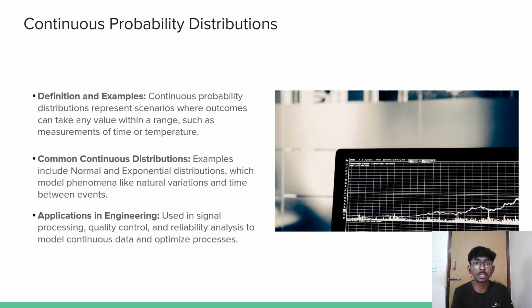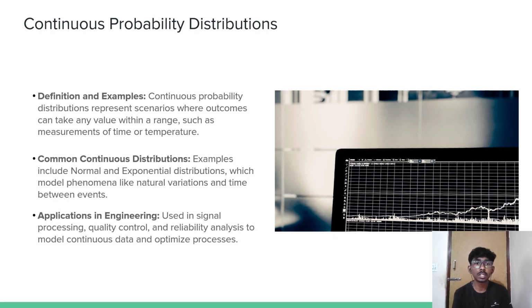Continuous probability distributions. Continuous probability distributions model scenarios where outcomes can take any value within a range, such as measurement of time or temperature. Like time is continuous, it will be changing. After each second, the clock will be ticking and the hand rotates. So it is an example of continuous probability distributions.